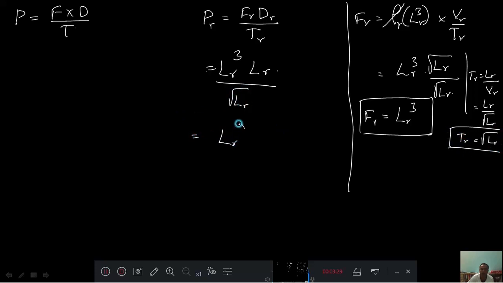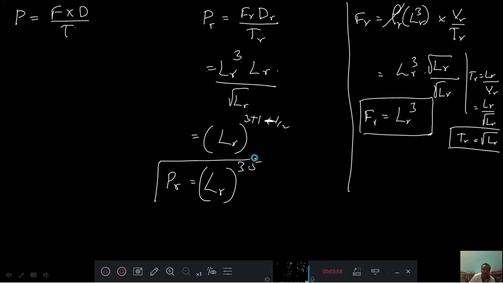Then LR to the power is what? 3 is there, 1 is there, plus half is there. 3 plus 1 is 4, 4 plus half is 4.5. Sorry, it is a minus, because the denominator comes to the numerator with a minus. It is 3 plus 1, 4, 4 minus half is 3.5. Then LR to the power 3.5.